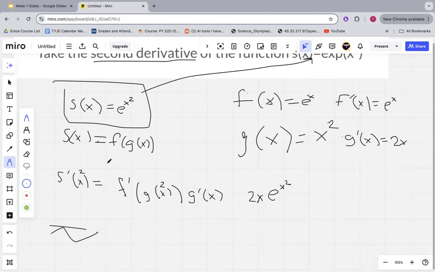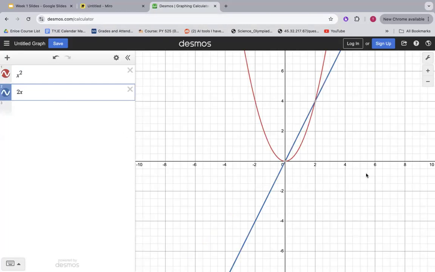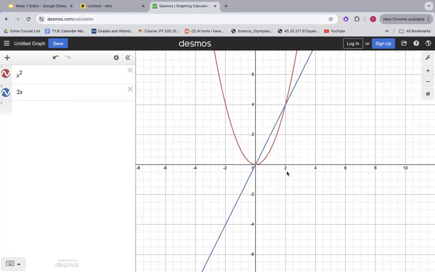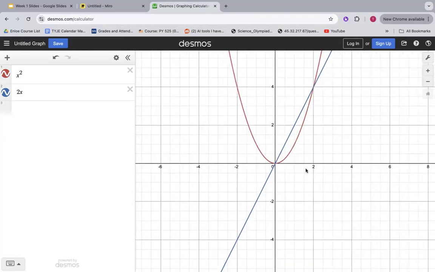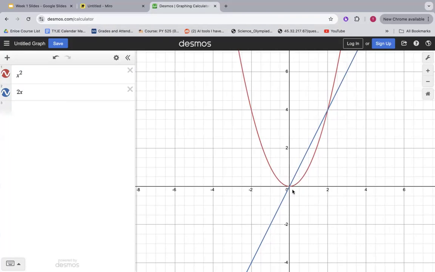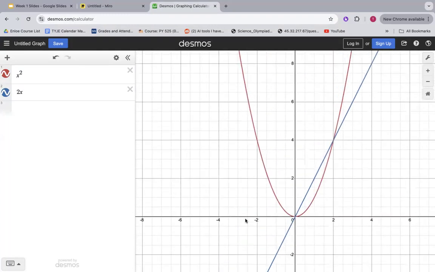Okay. And then finally, for some more intuition about how derivatives work, just so that you guys can understand. This is the graph of x squared and its derivative 2x. And so we see that here the derivative is negative, and we see here that the function is decreasing.